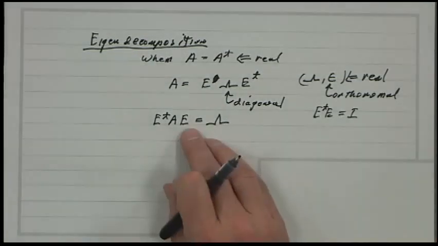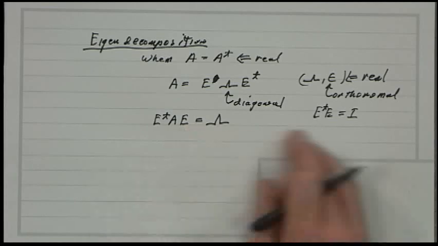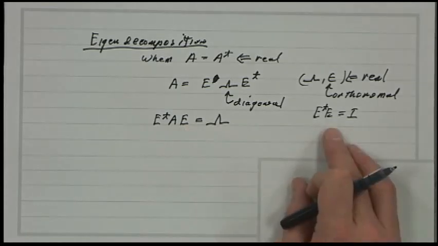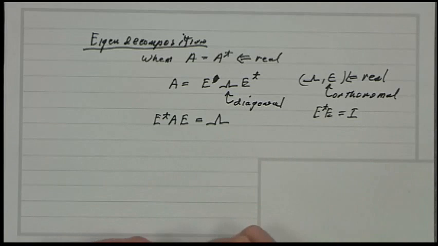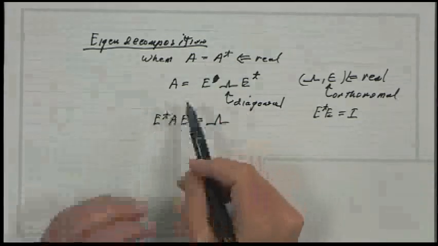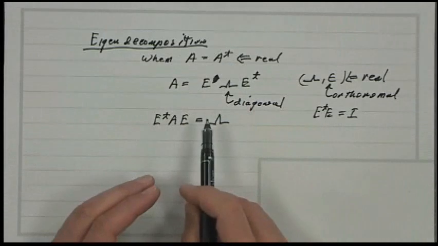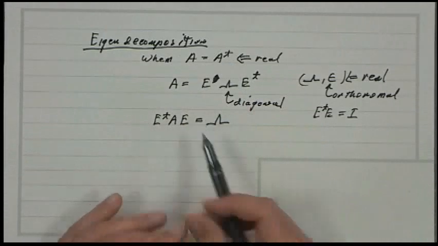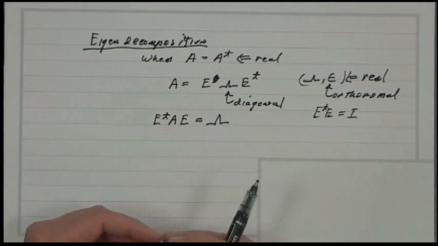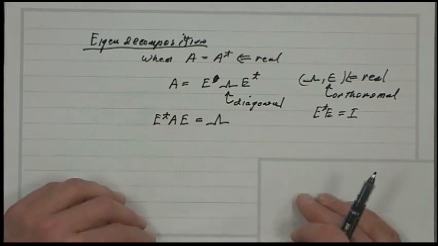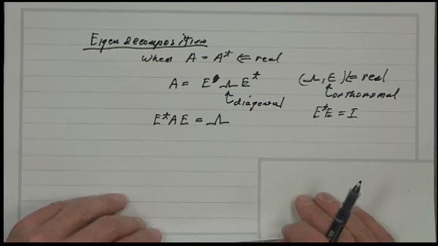The eigen decomposition is real, and the eigen decomposition is orthonormal. Now, when A is not symmetric, a lot of these things are not true. There's a concept of eigenvectors and eigenvalues, but it gets all kind of messy, frankly.